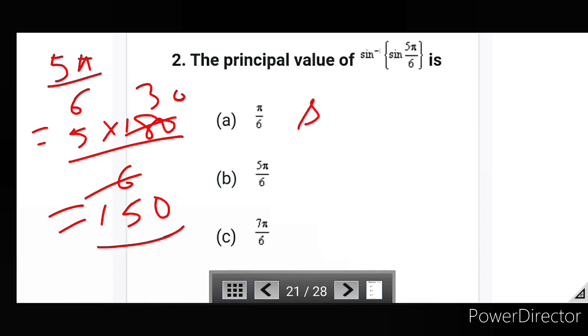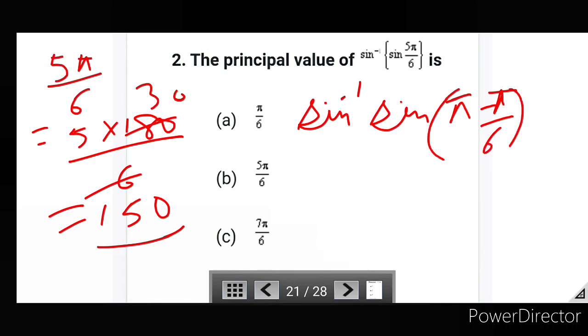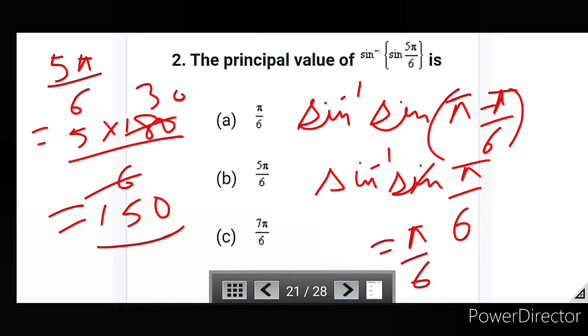Now sin inverse sin of pi minus pi by 6, that is sin inverse sin of pi by 6. So A is right option.